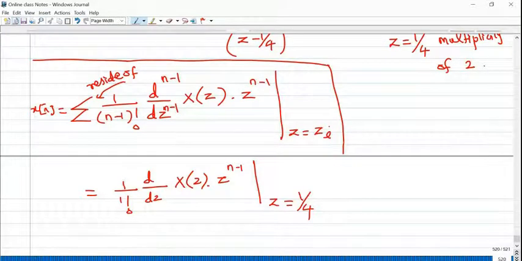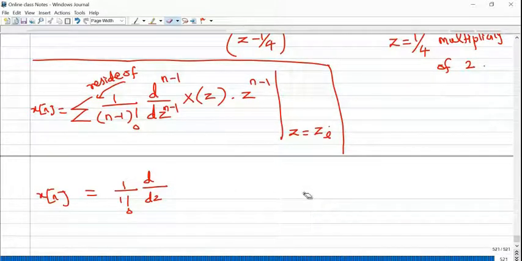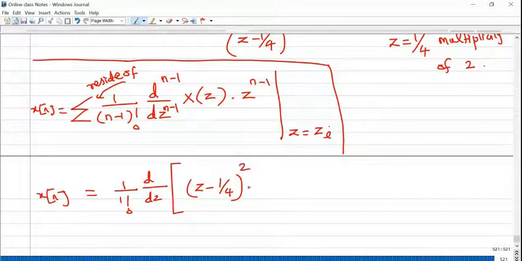While solving, d by dz of (z minus 1 by 4) square into x of z.